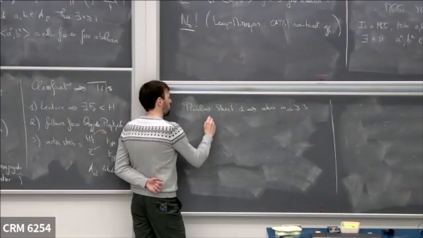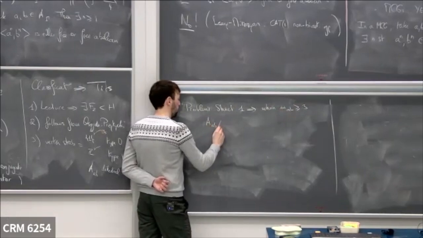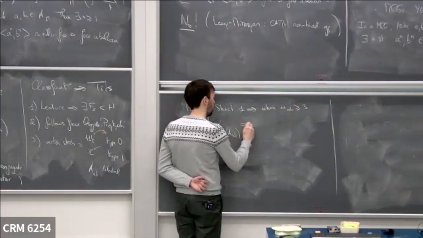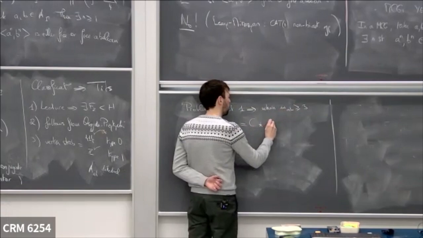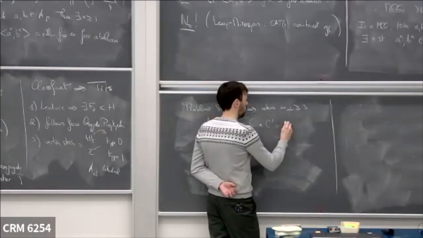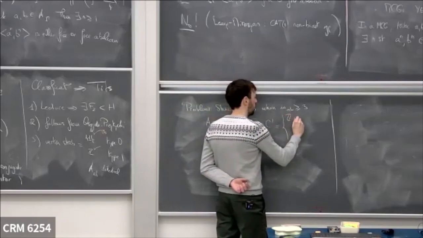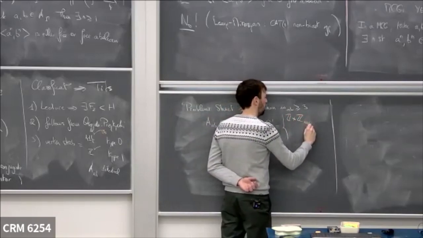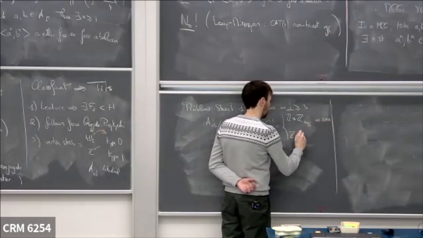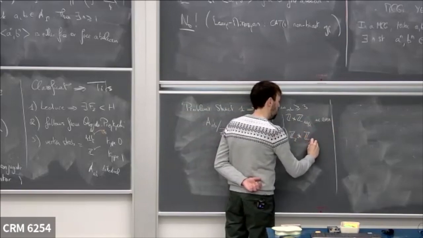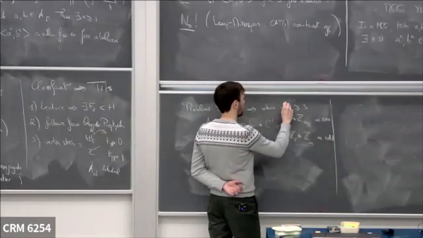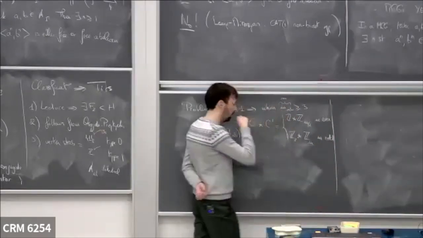The central quotient of my dihedral Artin group is actually a free product of 2 cyclic groups, and more precisely, it was Z star Z_{m/2} if m is even, and Z mod 2 star Z mod m if m is odd, where m is this m_ab.